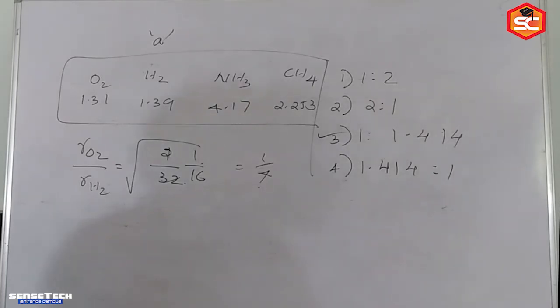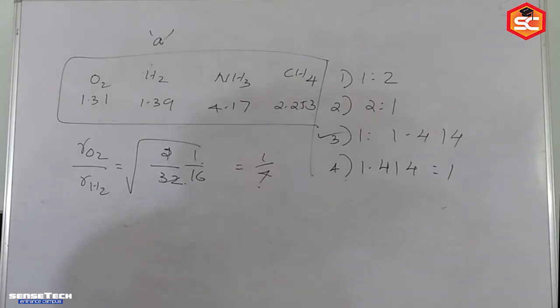So when you are taking the rate of diffusion, first you take the rate of oxygen by the rate of hydrogen. What is the ratio you are getting? 1 by 4. The fraction of hydrogen escaped in time t is 1 by 2.